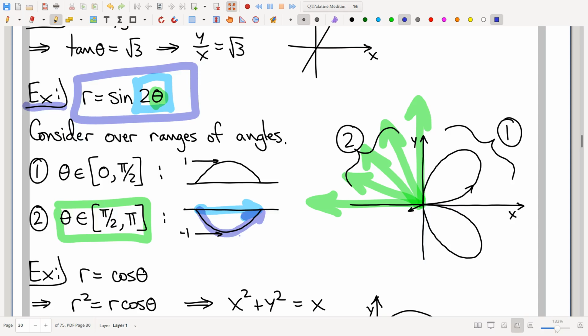And it's a little strange and confusing that first time, right? But when you get a little ways into there, in other words, when you're looking at a direction like that, you have a negative value of sine of 2 theta. So in this direction, as we turn, our r needs to be negative.